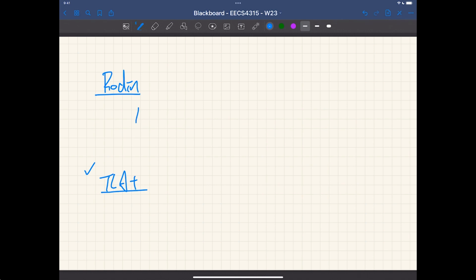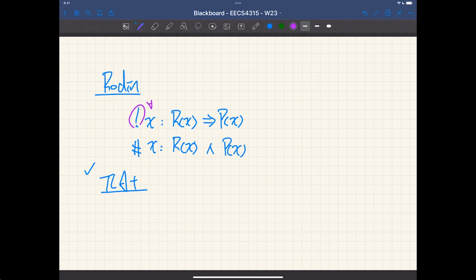So this is for all x, and then it is the case that you have R of x, and then implies P of x. And existential is like a hash sign, just for your information. You don't need to know this for this course. Of x implies P, and P of x. This is for all, and this is exists.